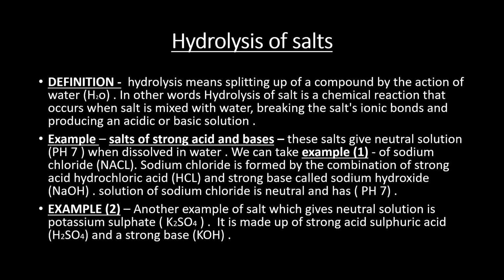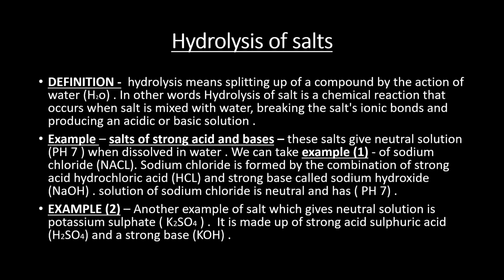If we take these two things, strong acid and strong base, then what will happen? They will give the neutral solution. Neutral solution means the pH of that solution will be 7. We can take the example sodium chloride.